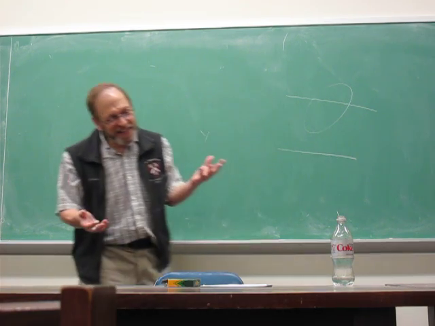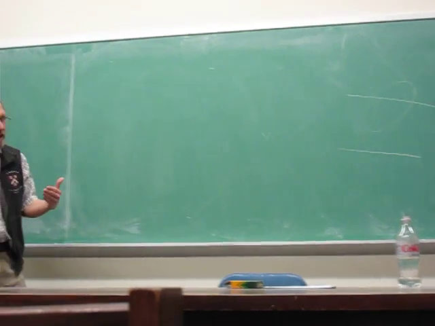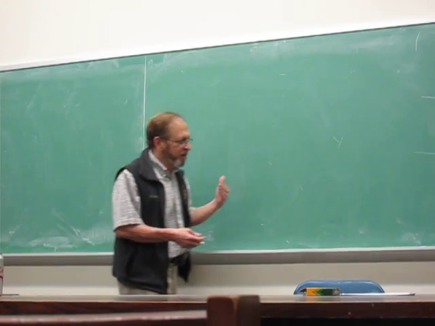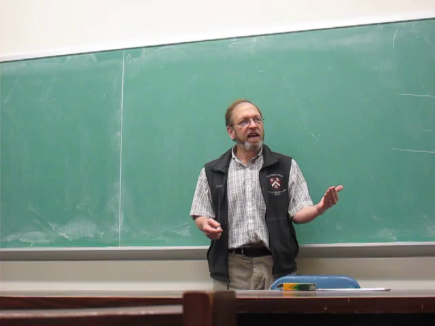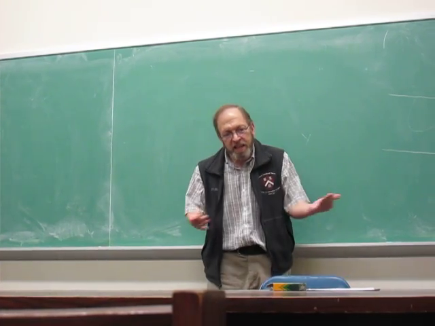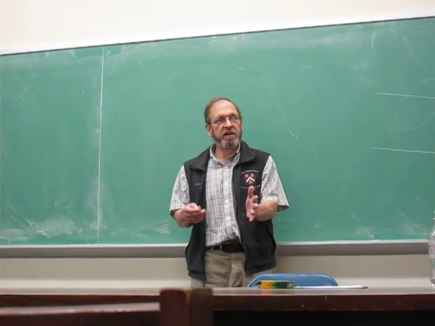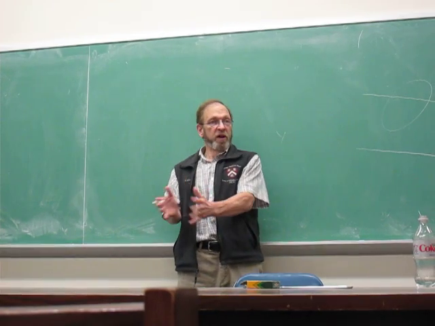So what's interesting to me is that this revolution took place in the first half of the 19th century, and it was clear by the end of that period that this was the right way to go.